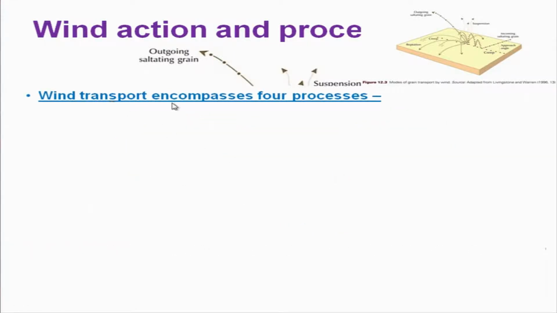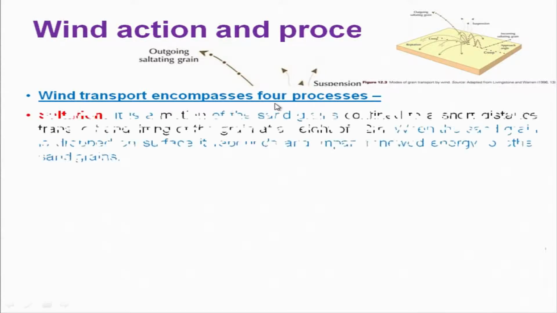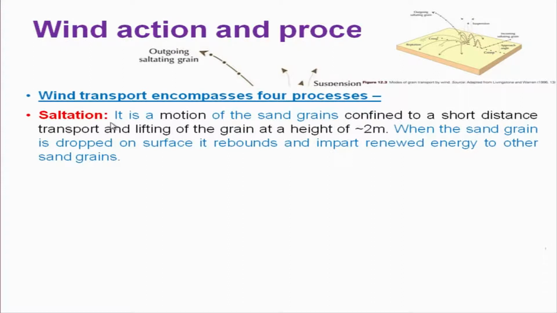So wind transport encompasses 4 processes. One is saltation. Saltation is a motion of sand grains confined to a short distance, where the material is transported for a short distance, with lifting of the grain to a height of about 2 meters from the surface.